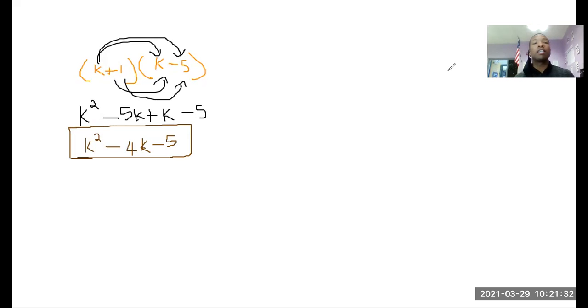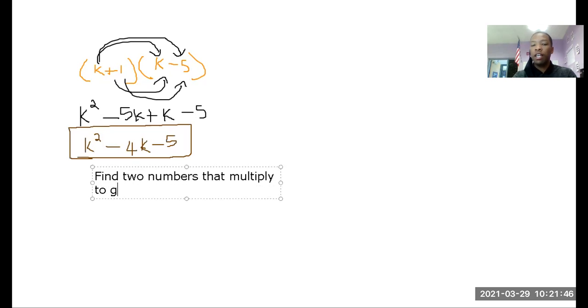So with something like this, what I want to do, I want to find two numbers that multiply to get 5 or negative 5, but add to get negative 4.